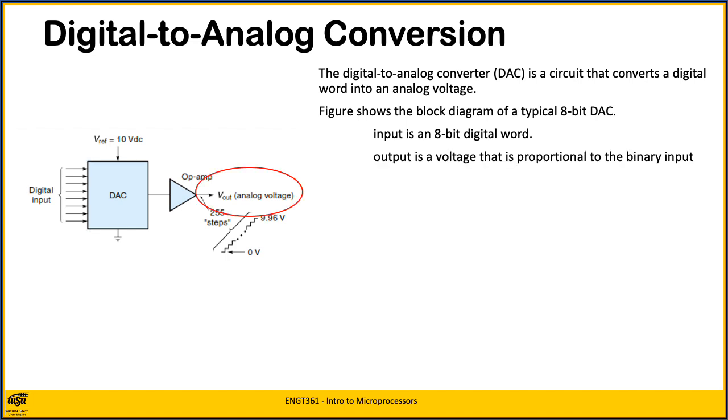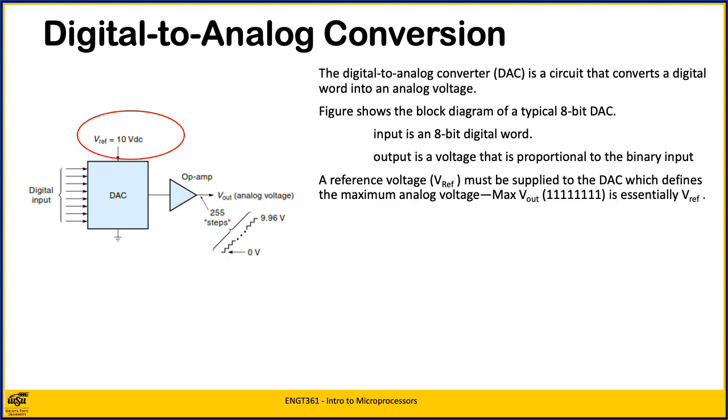The output is a current that is proportional to the binary input value and must be converted to a voltage with an op-amp. A stable reference voltage, Vref, must be supplied to the DAC. This voltage defines the maximum analog voltage.